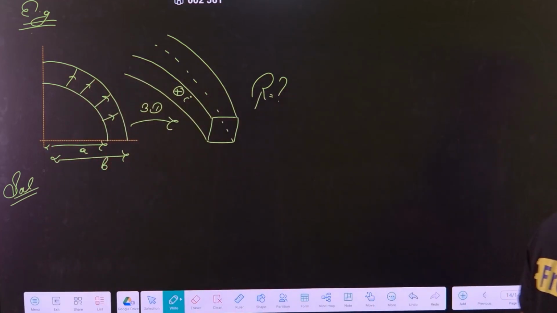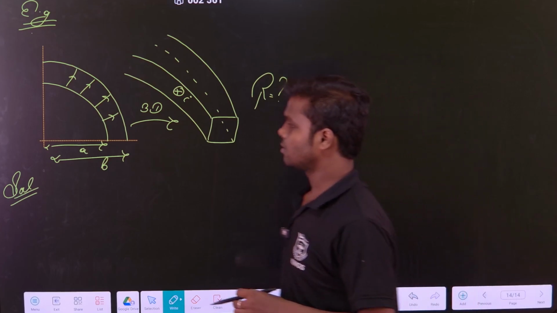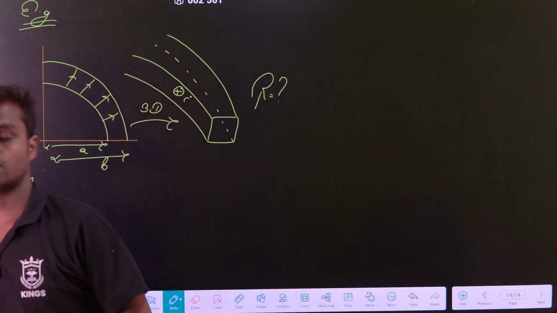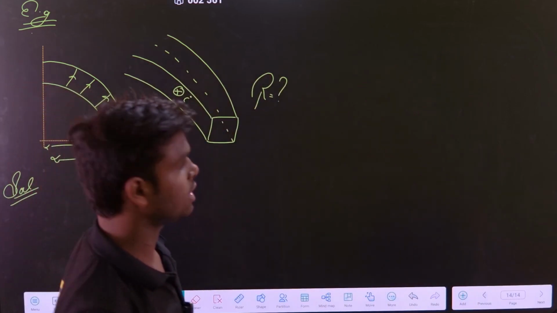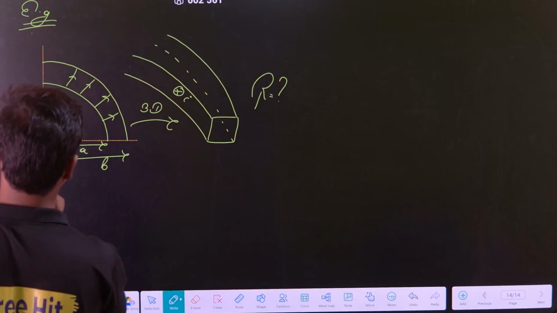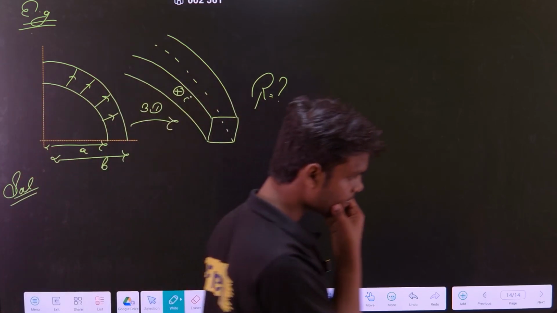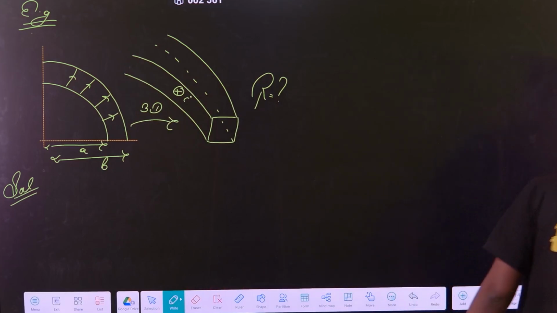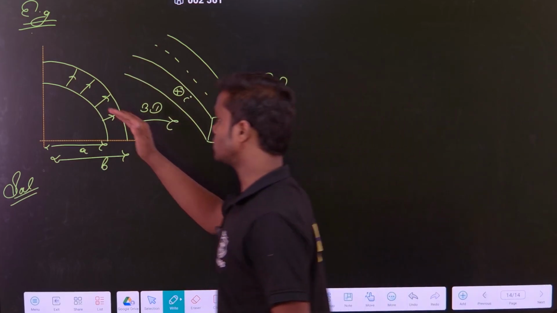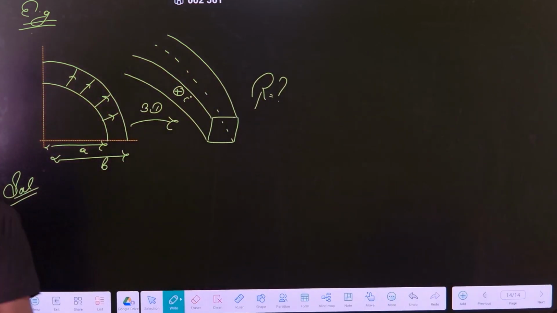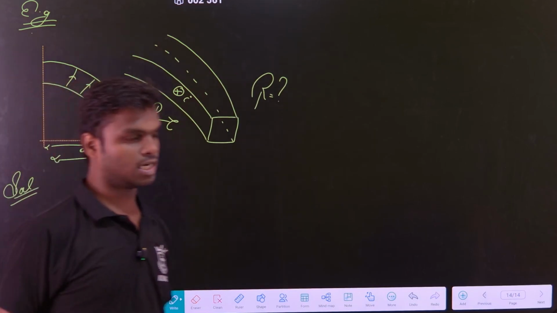Those are the three simple steps, but you have to use them. So first tell me whether it is a length variation or area variation. Obviously it is an area variation, because initially the radius is A, now the radius is becoming B. So it is an area variation, that is clear.